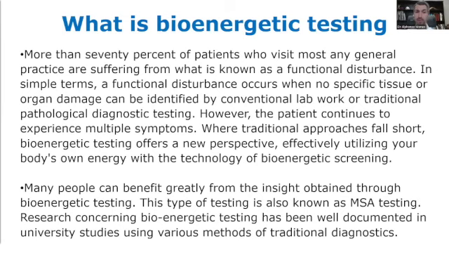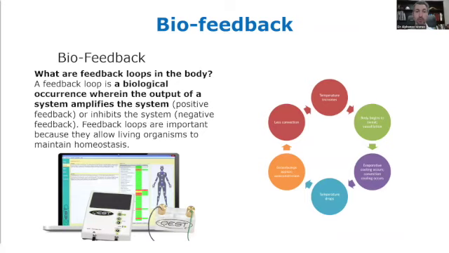Many people can benefit greatly from the insight obtained through bioenergetic testing. This type of testing has been known as MSA testing. Originally MSA was meridian stress assessment, originally started by Dr. Voll, which we're going to talk about. It's gotten a lot more sophisticated now.